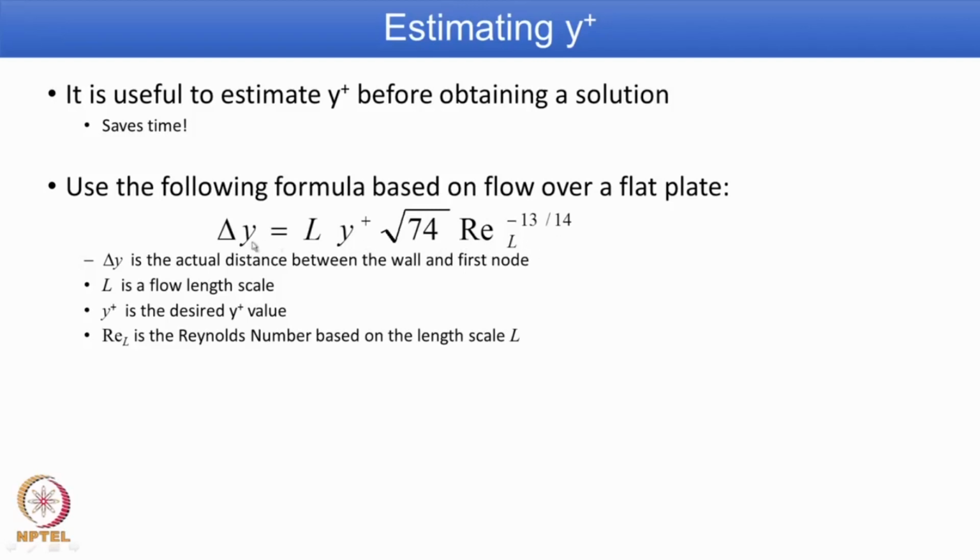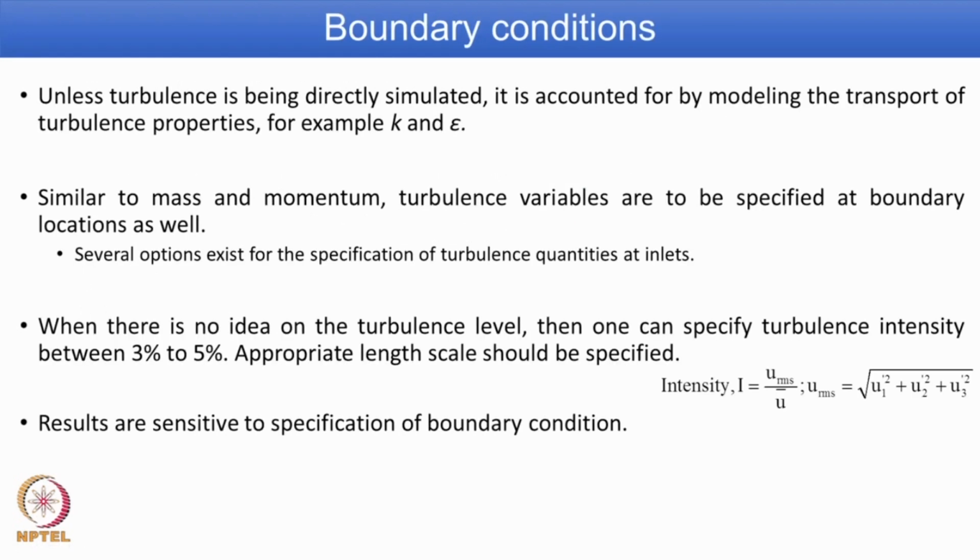Now, this will decide your y plus. For example, if you want the first y plus value to be 5, then using this expression you can get delta y, and delta y is the distance from the wall of the first node.